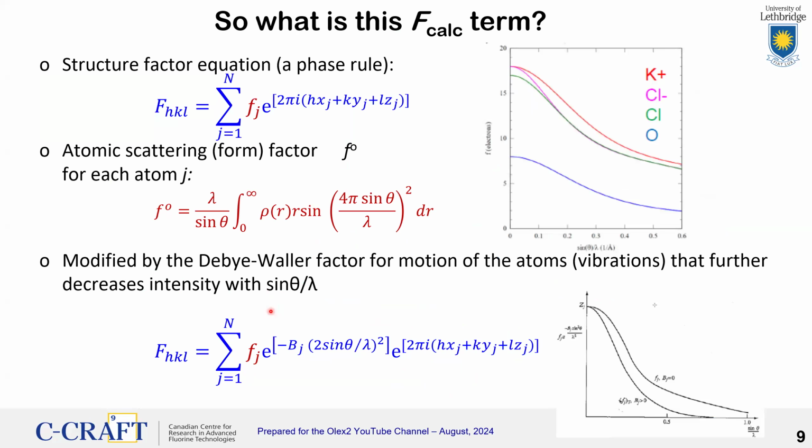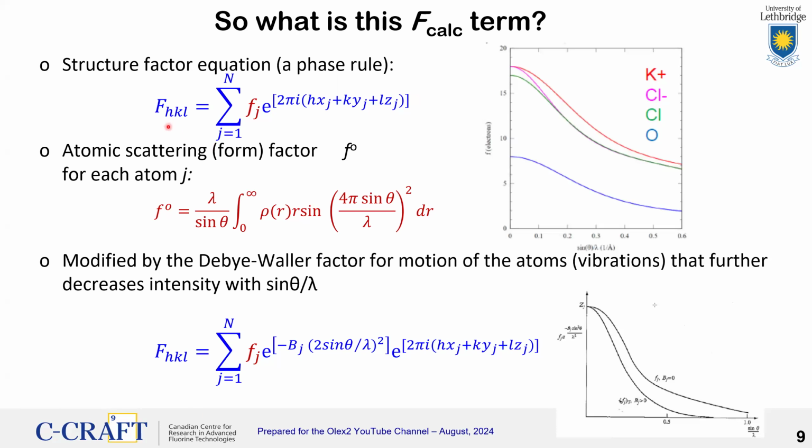And again, I'm trying to keep it super, super simple so you can focus on the key issues here. But let's talk a little bit about what this FCalc is. The FCalc is essentially an attempt to estimate what the intensities should be at each diffraction point in terms of the structure factor.